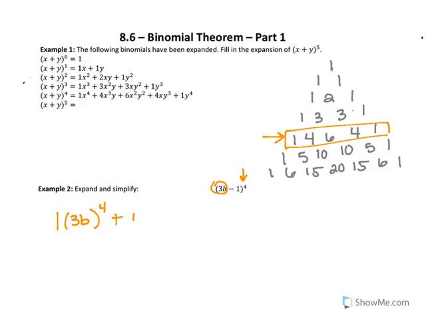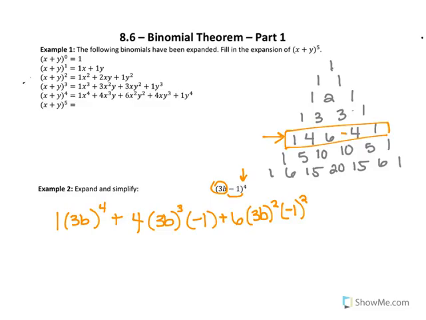Now I'm going to write my coefficient of 4. My 3b is now going to go down 1, and my minus 1 is going to be to the power of 1, which you don't have to write. Then we have 6. 3b is going to go down to squared, and negative 1 is going to be squared.